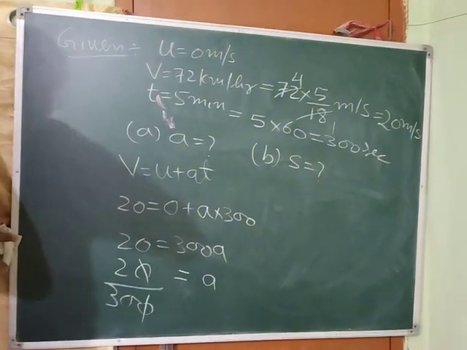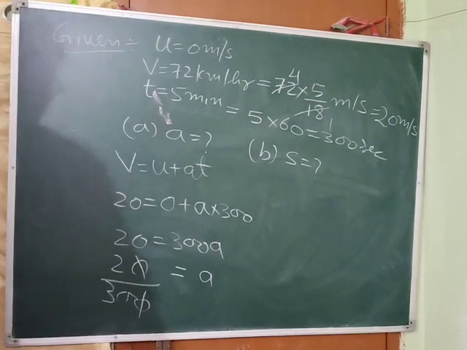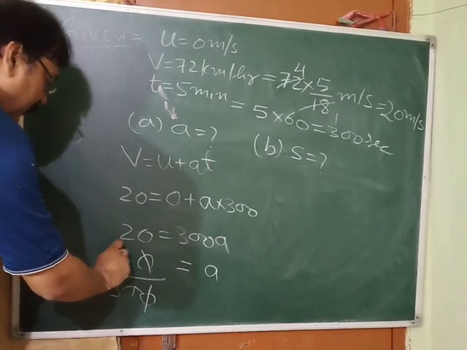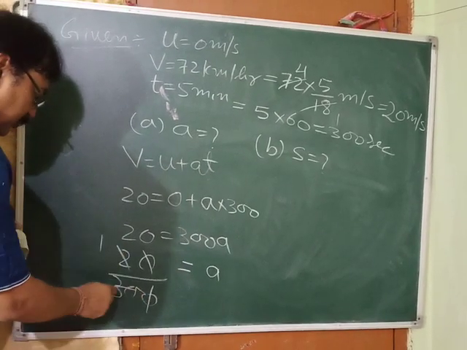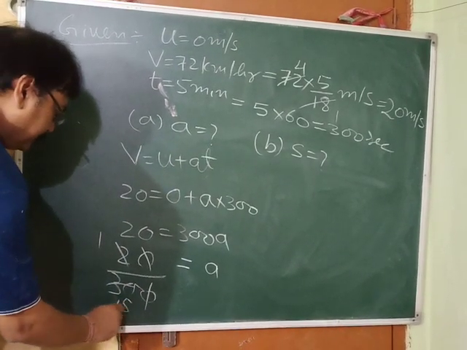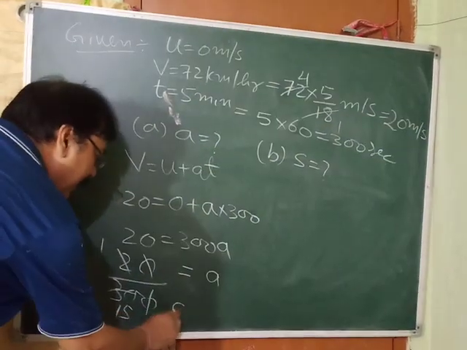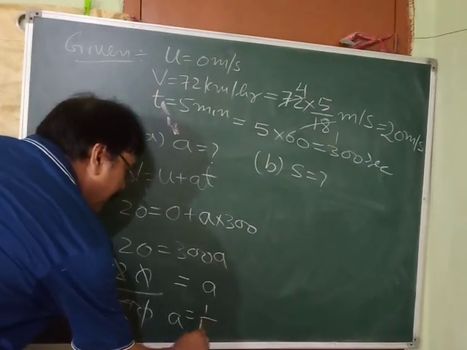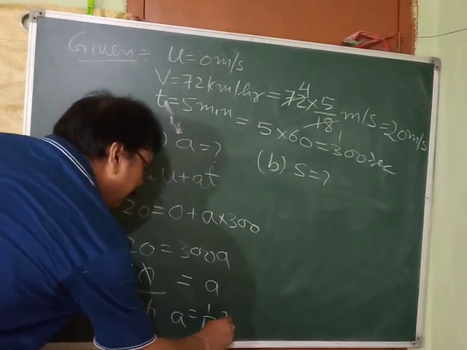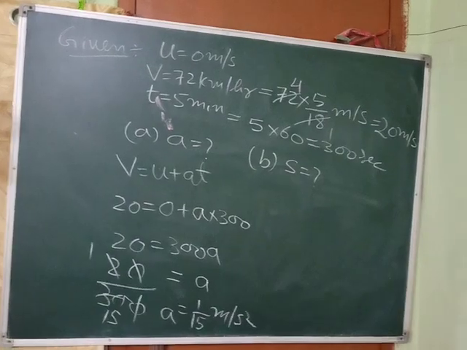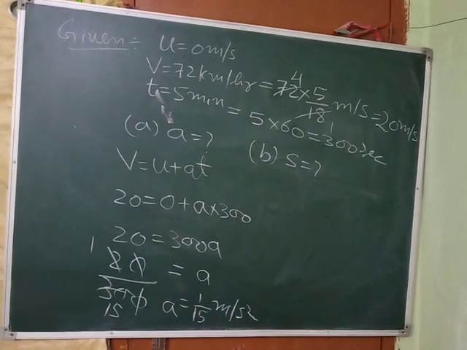Now you can cancel this: 2 ones are 2, and 15. So you will get a equals 1 by 15 meter per second square. This is the acceleration.